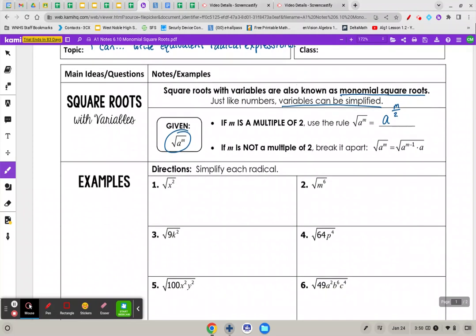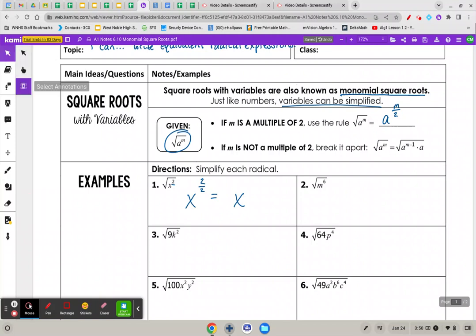So, simplify each radical. There are 2 ways you can think about this. See how this is a multiple of 2? It's an even number. You can just divide that by 2, and your final answer is x.